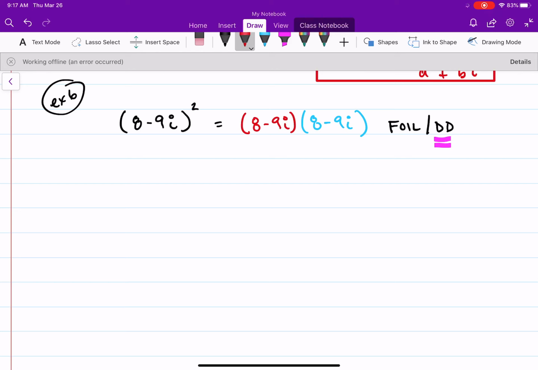It's going to look like 8 times the 8 minus 9i, negative 9i times 8 minus 9i. So that's double distribute. So what am I going to get? I got 8 times 8, that's 64. I have 8 times negative 9i, that gives you negative 72i.